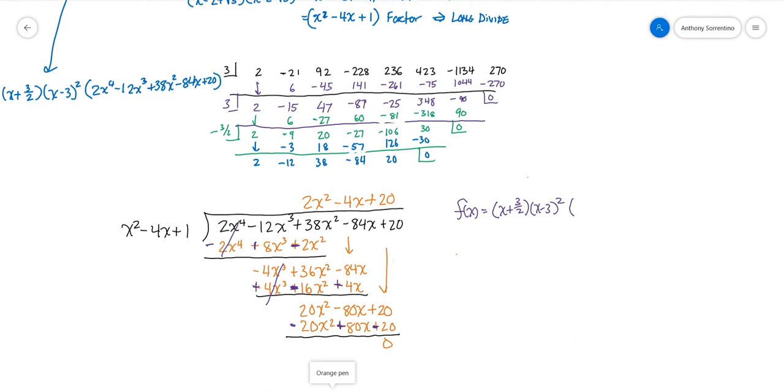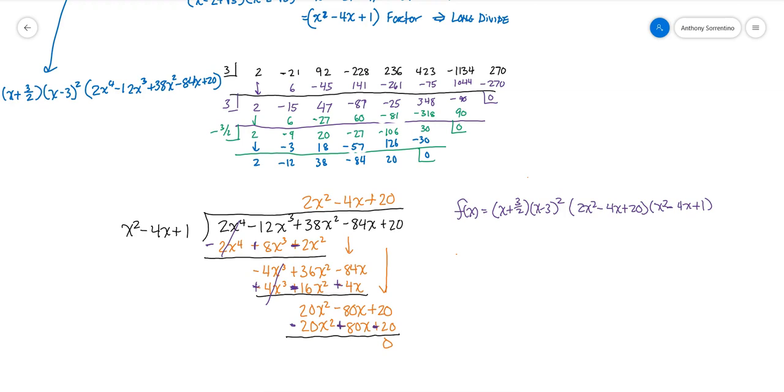I now have the factor 2x squared minus 4x plus 20, which is what the quotient was. And that's because I factored out the x squared minus 4x plus 1. So that's the factored form. Now it's all linears and quadratics.